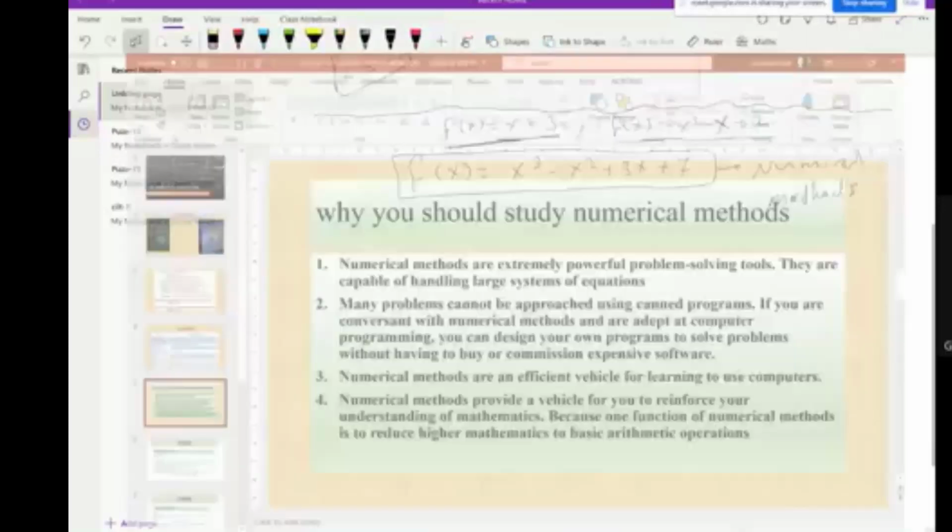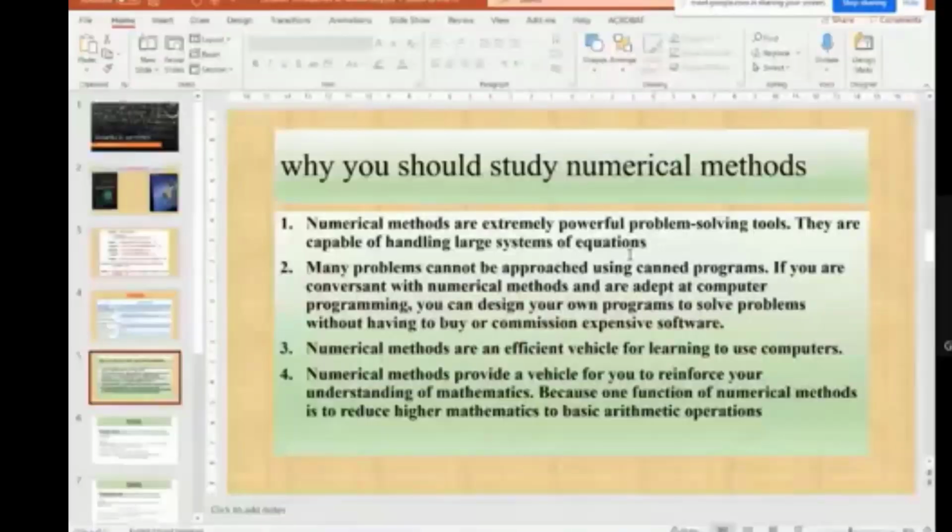As he says here, it is a powerful problem-solving tool to be able to solve any question. Second, many problems cannot be approached using canned programs.